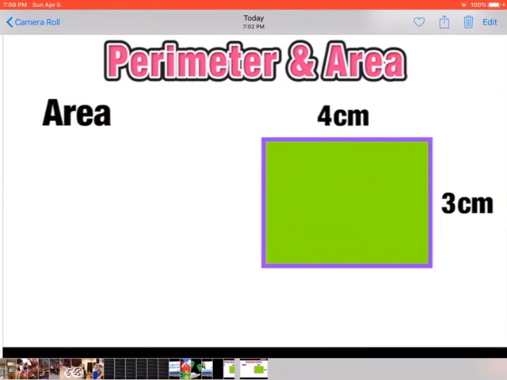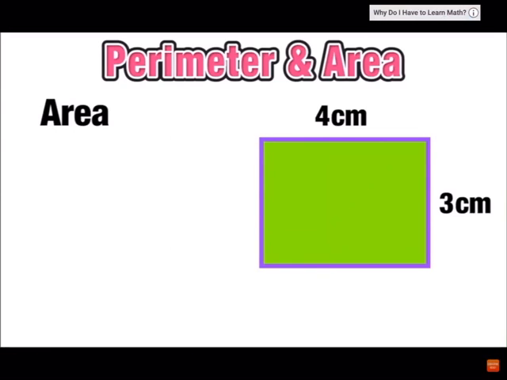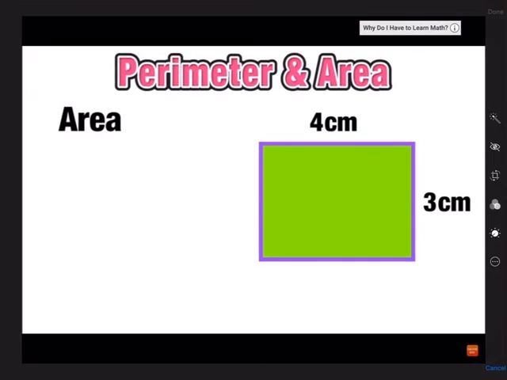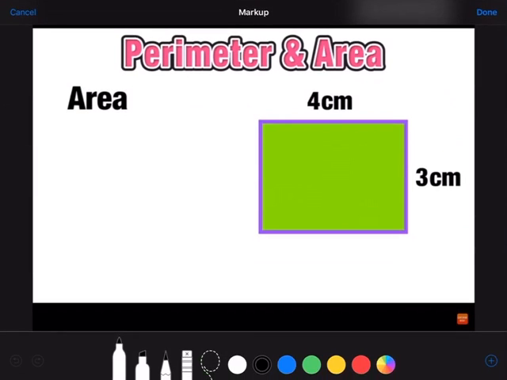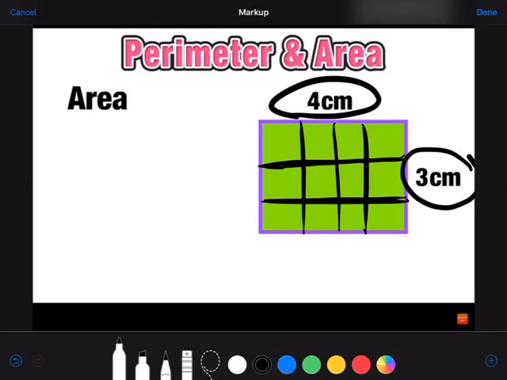Let's take a look at area. The most basic way, and it works, would be to break up your shape into unit squares. So I could say 4 columns for the 4 centimeters, and 3 rows for the 3 centimeters.